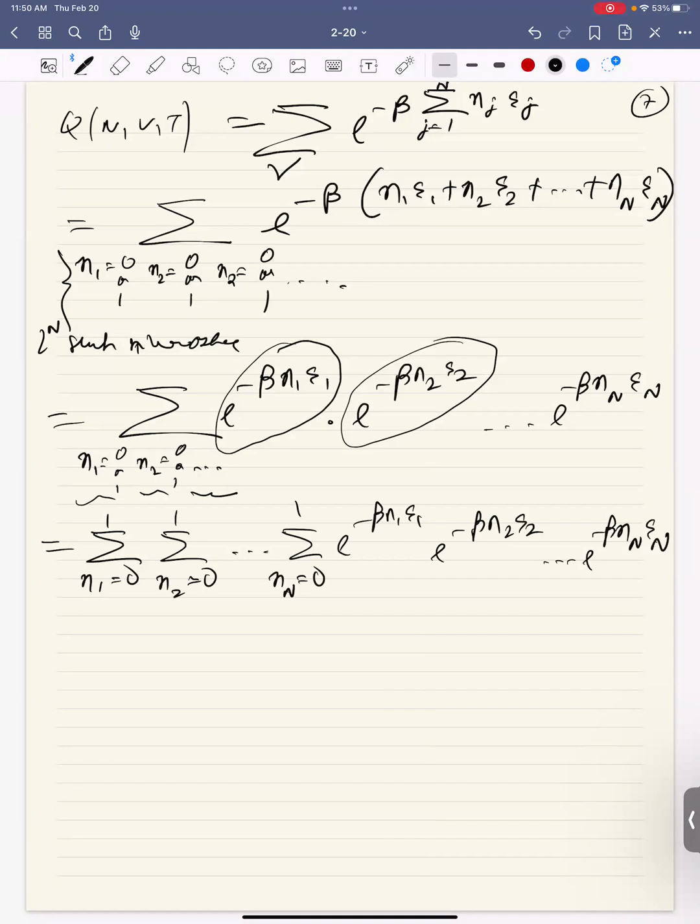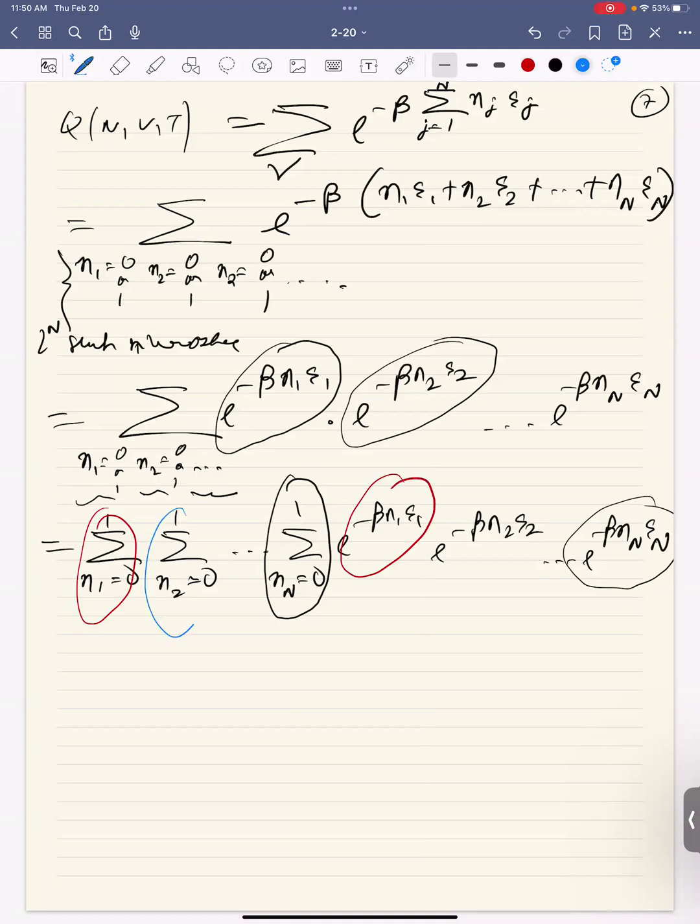So the point I'm making here is, as you change the value of Nn, the only thing that is going to be affected is this one. As you change the value of N1, the only thing that is going to be affected is this one. As you change the value of N2, the only thing that is going to be affected is this one.